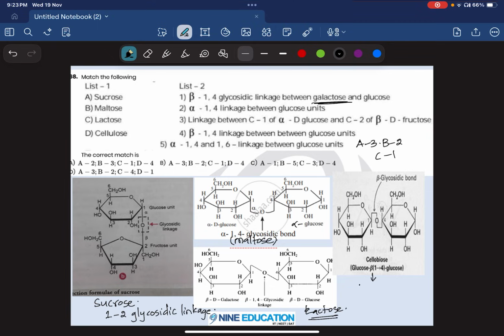Cellulose is a polysaccharide, a polymer of beta glucose. So it has beta 1,4 linkage between glucose units. So D option would be 4, I'm sorry, C option would be 1. So option B is the answer for question number 68.